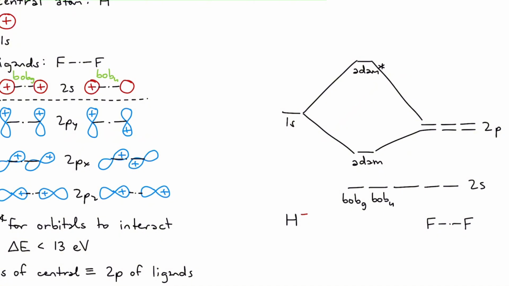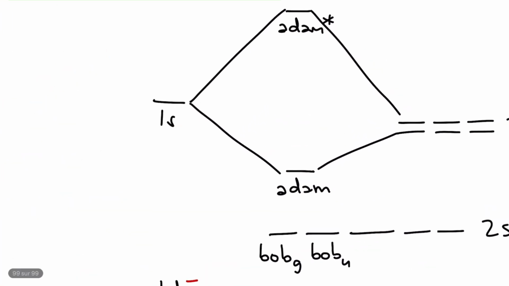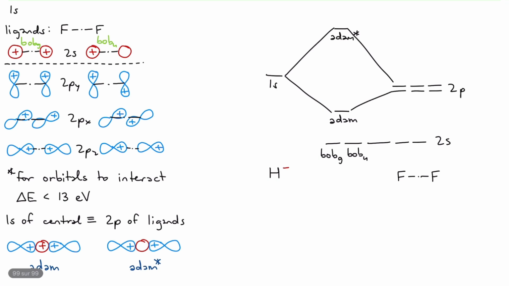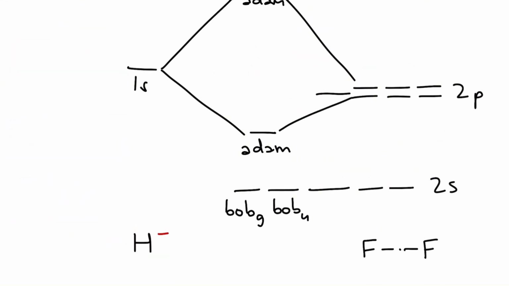And the non-bondings of the 2p. How many non-bondings are there? There are 1, 2, 3, 4, 5, 6, 7, so there should be 5 non-bondings up here. So there are going to be 5 non-bonding MOs.